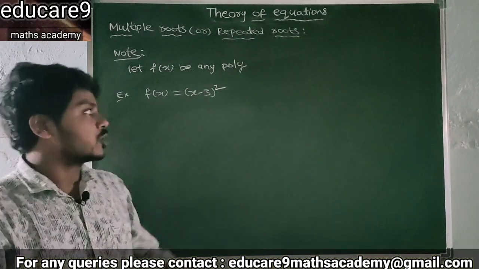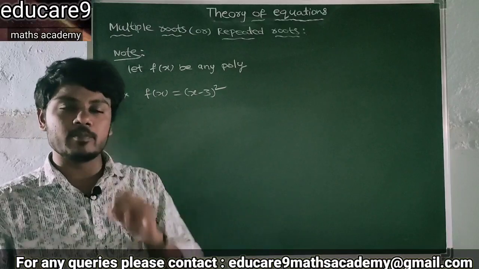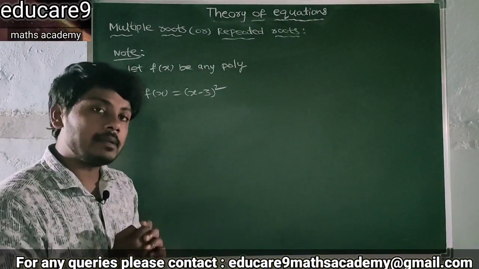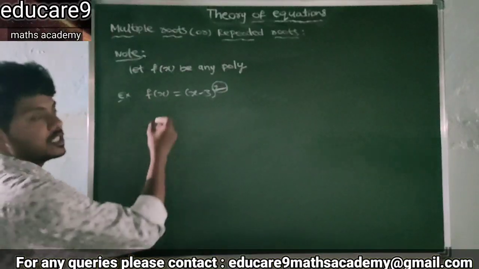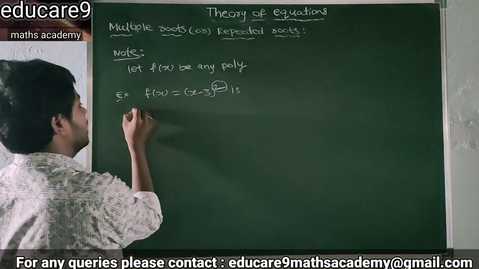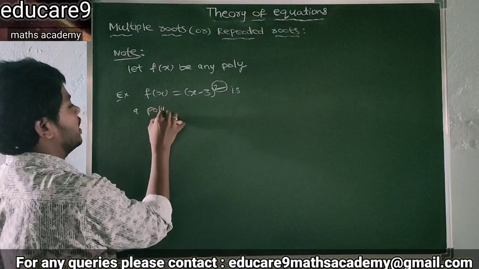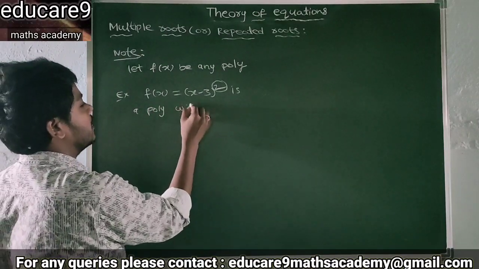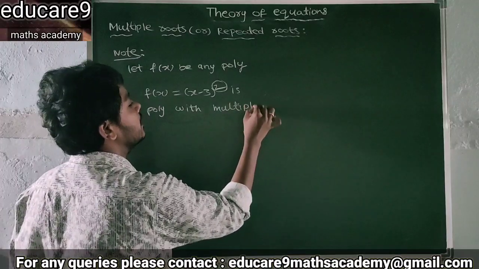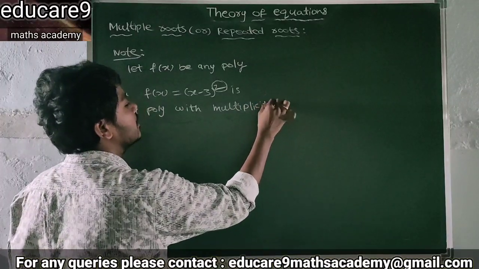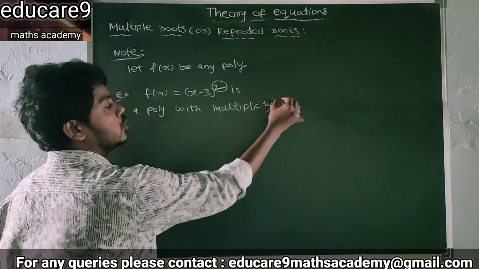Clearly these are multiple roots. And what is the multiplicity? Clearly the multiplicity is 2. So this is a polynomial with multiplicity 2.